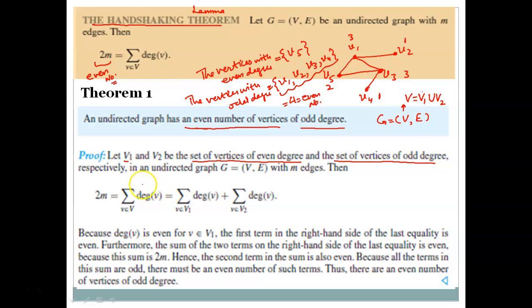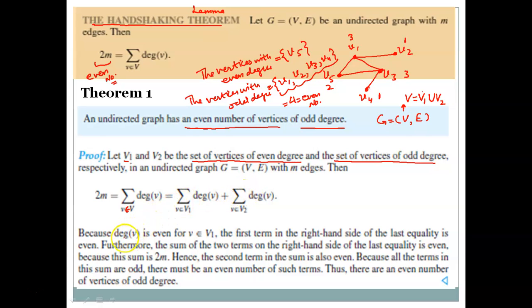In this way, from the handshaking lemma, we have 2m equal to the sum of the degrees of all vertices v belonging to V. But now you have broken this V in two parts, V1 and V2, so that is why the summation is broken in two parts. This is the summation over the elements of V1 and this is the summation over elements of V2.